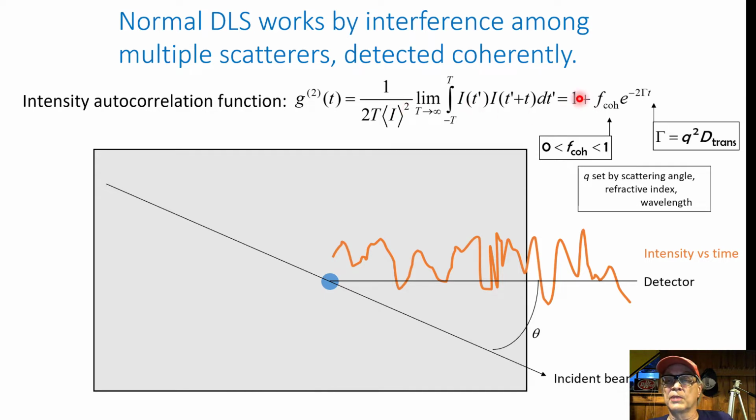It sits up there on a baseline of 1, and then it has a parameter f times an exponential, and it has a decay rate gamma, actually 2 gamma is the decay rate, and this gamma is q squared, that's the same q that we've been talking about, times the translational diffusion coefficient. And so what this technique really measures is the translational diffusion coefficient. And it turns out that that's inversely related to the size of the particle by a very reliable function.